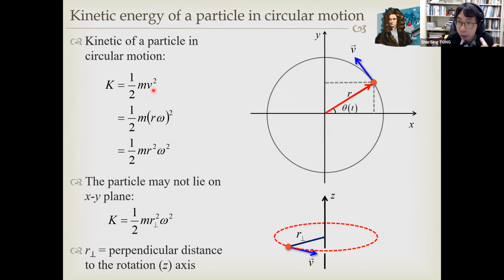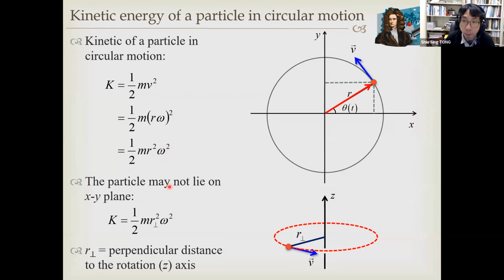Instead of using v, we use omega, the angular velocity, because omega is common for all the particles inside the body, if the body is a rigid body. So we write v equal to r omega, and I squared it, so I got half m r squared omega squared. Is that right?